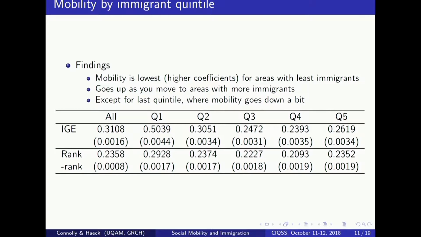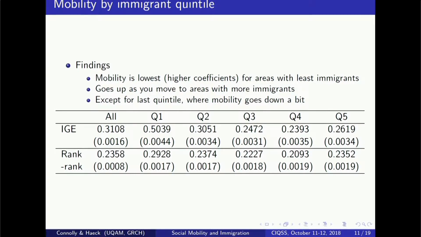So if I look at Q1, Q2, Q3, Q4, I see a decrease in those coefficients, meaning an increase in mobility. The higher the coefficient, the more predetermined your log income or your rank is. Looking at the rank, I have 0.29, and I go to 0.24, 0.22, 0.21. So it goes down. It goes up a tiny bit by Q5.